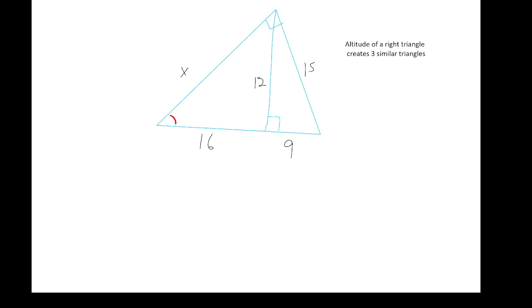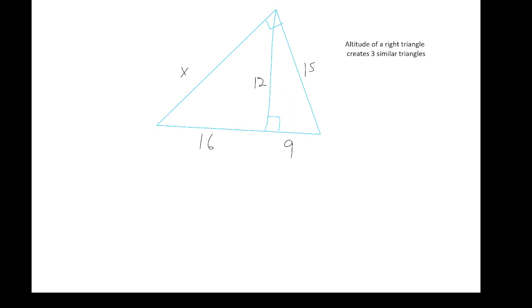These triangles have a couple parts to discuss. There's a hypotenuse, which is the side opposite whatever right angle we have. But then within those, there's going to be two legs, a short leg, in this case of the small triangle, it'd be 9. And then there's a long leg, in this case of the small triangle, it'd be that 12.